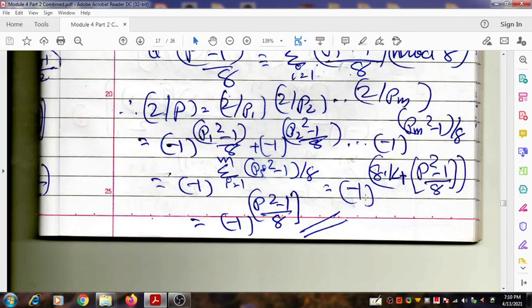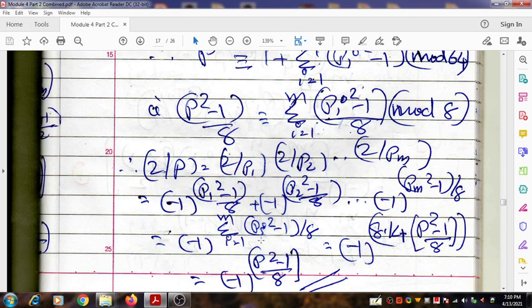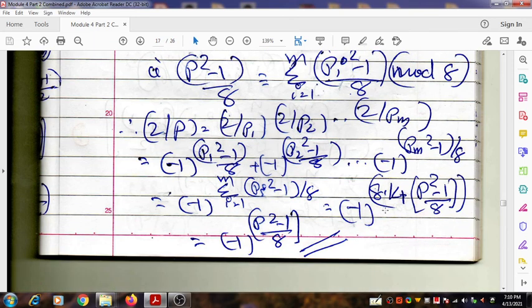What happens finally is that you can write it as the product of two powers: minus 1 raised to 8k into minus 1 raised to (p squared minus 1) divided by 8. The first quantity is positive, plus 1, and the remaining quantity is minus 1 raised to (p squared minus 1) divided by 8, and thus we finally get this value.